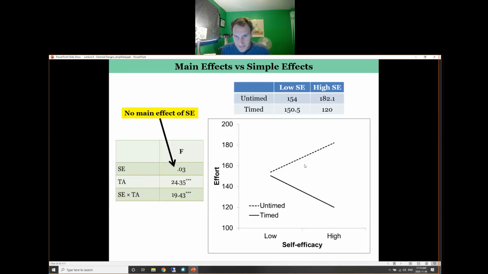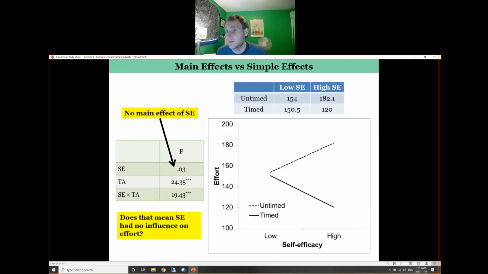Okay, there is a main effect of time available. That would be the average of this dotted line, which is somewhere around here, right? Compared to the average of this solid line, which is somewhere around here in the middle. And if we look, yeah, there's a gap there. So there is a main effect of time available on effort.